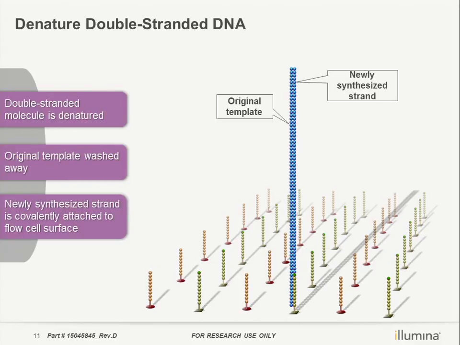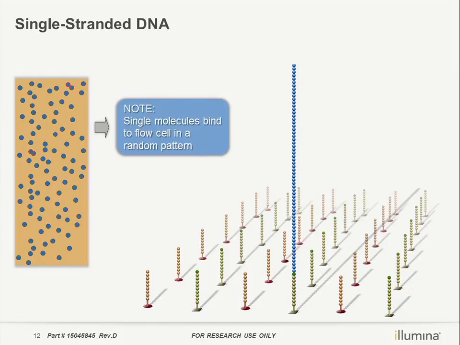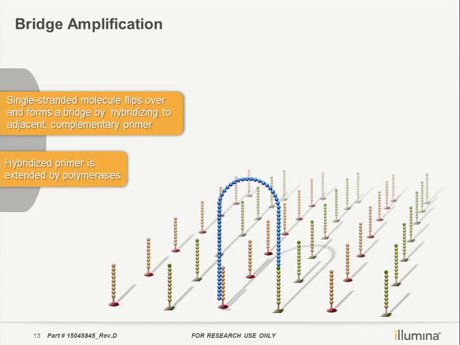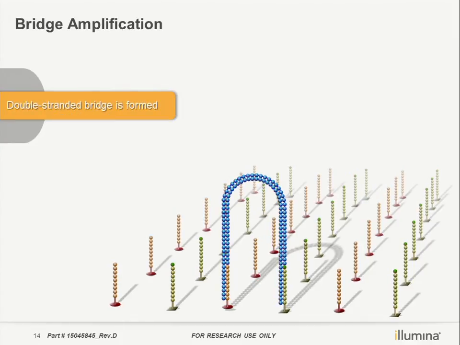So this is the original strand, and this is the newly synthesized strand. And then you will discard the original strand, and then you will flip over to the complementary oligos adjacent and do a bridge amplification.